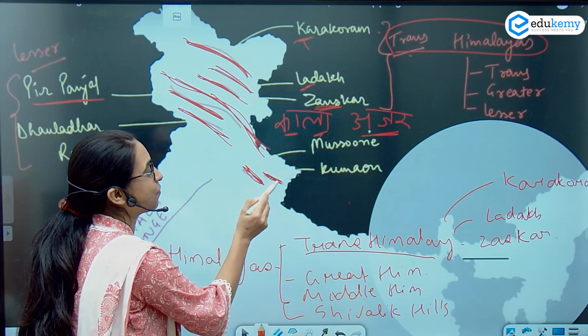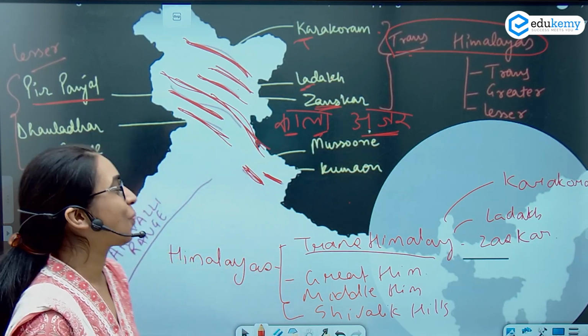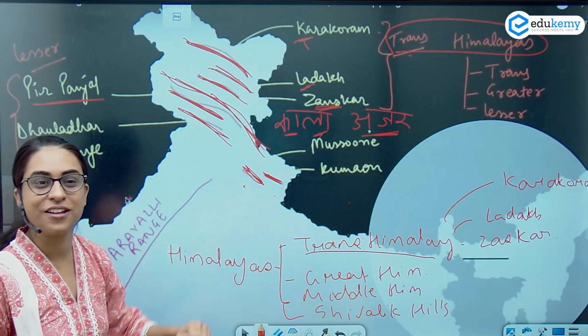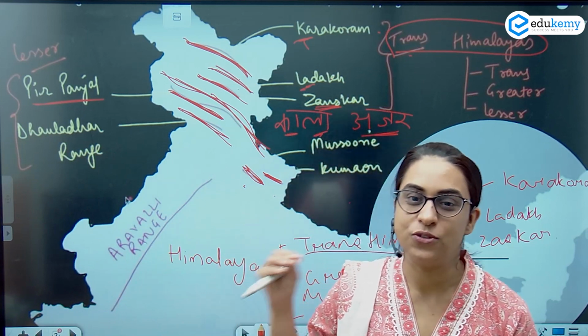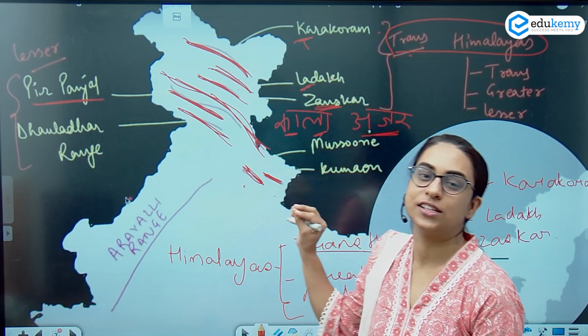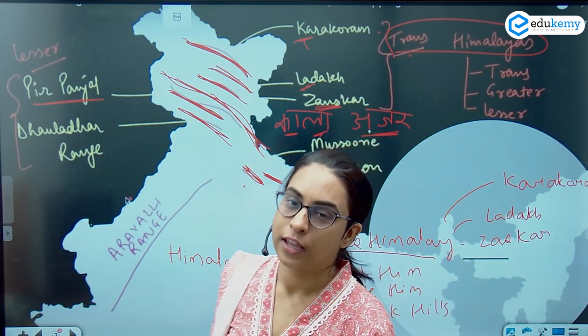I went with friends. So the Mussoorie Range and the Kumaon Range are in Uttarakhand. They are also part of the Himalayas.